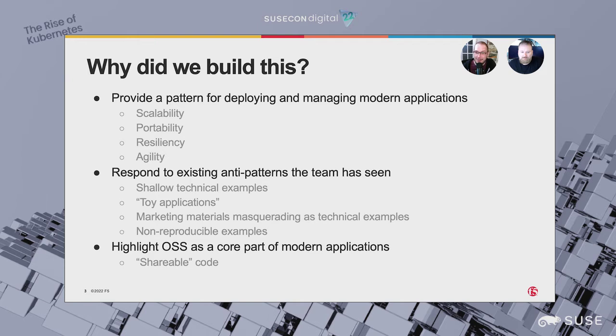Also, obviously the most hated one, probably the marketing materials that are very vaguely masquerading as technical examples. All the keywords are there to get the Google search results, but when you actually get to it, there's really no technical details or in-depth working. And probably the last one, and the worst for a lot of it, is non-reproducible examples.